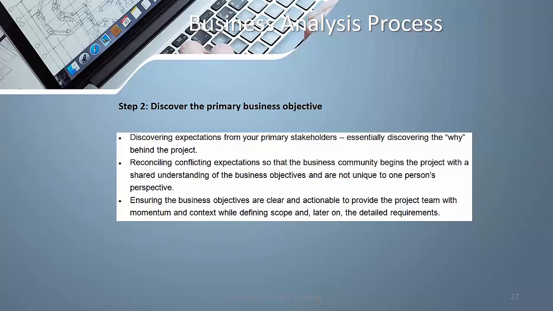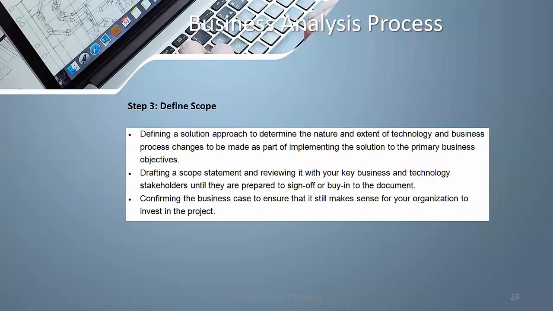If two people have different expectations for the same project, bring them together and ask them to be on the same page. Third, identify the clear objective on which you can take action, and be able to measure the success criteria that you define in detail.